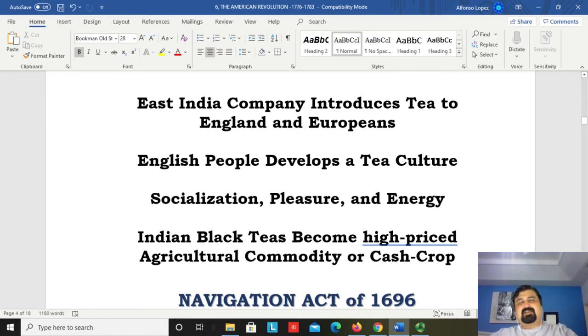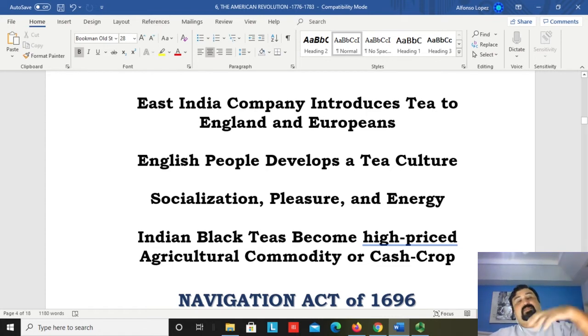Coffee, of course, is the preferred drink in the United States today. But back then there was no coffee. People knew about coffee, but we're not going to see massive quantities of coffee introduced in England. It was actually tea. People drank the tea because of the energy, because it was pleasurable and the like. People actually mixed it with spices. They put sugar in it, a splash of milk. It was highly pleasurable, like an energy drink, so to speak.